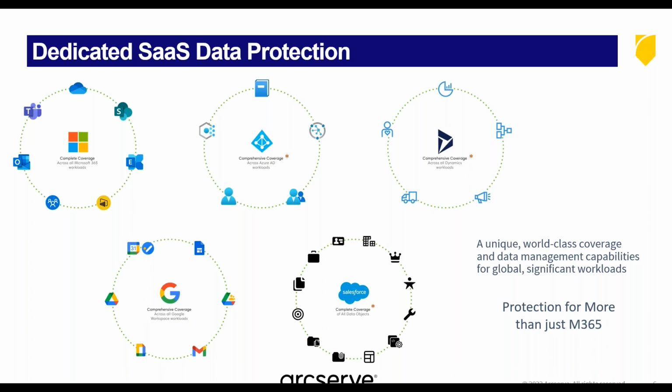So you look at, in general, there are many different SaaS applications, like I said just now, but the two most commonly and widely used collaboration platforms are M365 and Google Workspace.